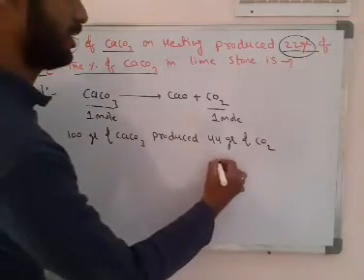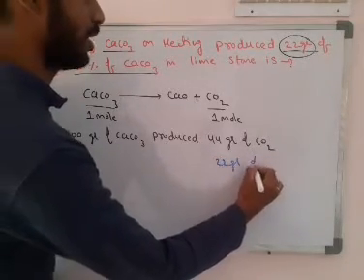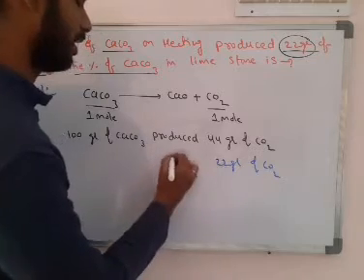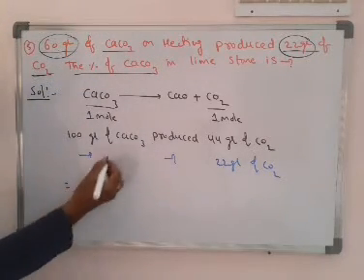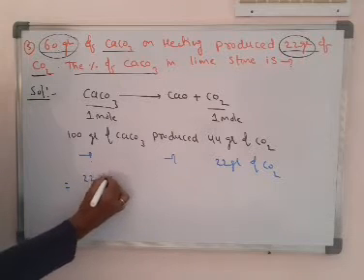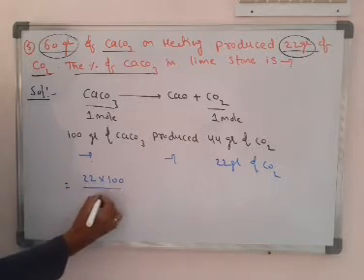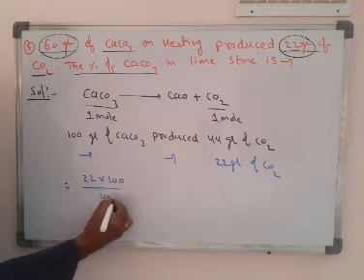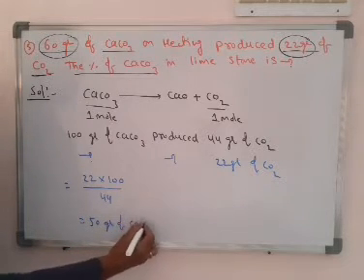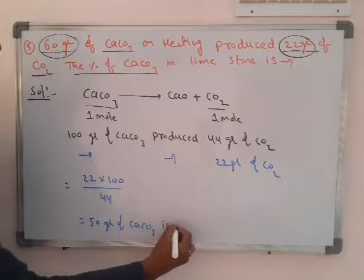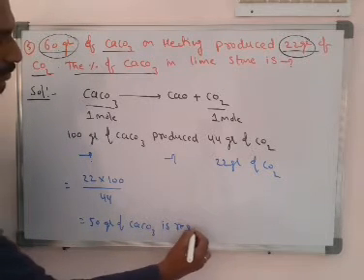So here 22 grams of CO2 can be produced by how much calcium carbonate? Exactly half. So that is equal to how much? 50 grams. So 50 grams of calcium carbonate is required.